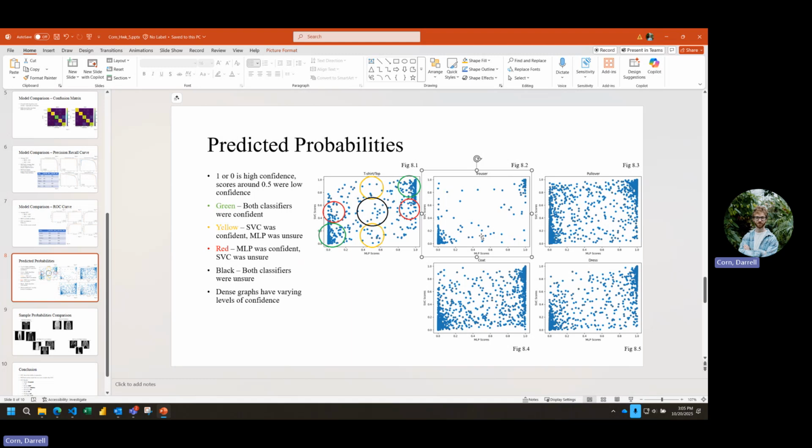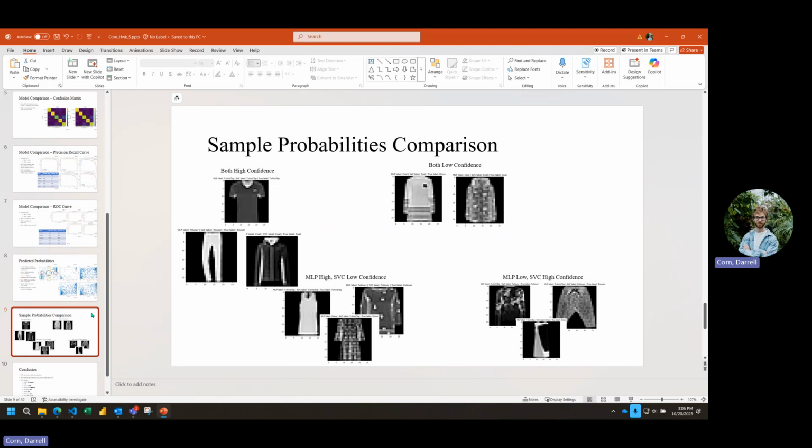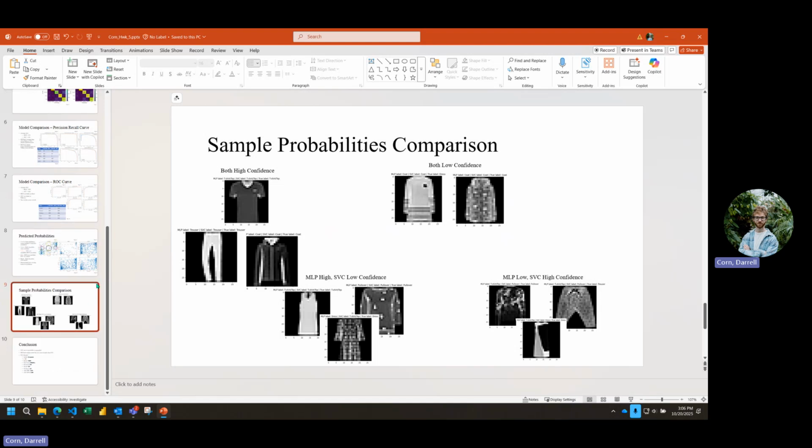So that results in a fairly sparse graph here. Whereas pullovers, which we saw, they were not confident on a lot of them, and that creates dots just about everywhere.